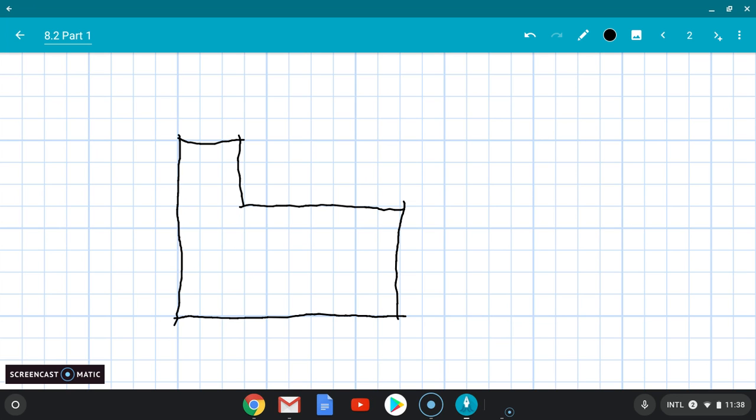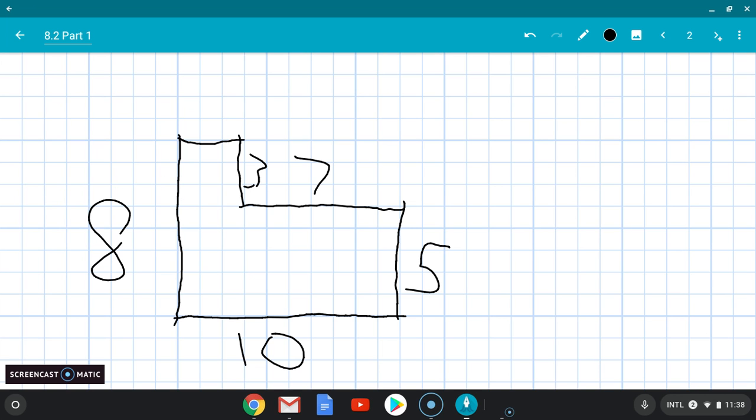And they tell you that, let's say this side is 10. They tell you that this side right here is 3, and this side is 7, and this side is 5. Well, knowing that this side is 5 and this side is 3, I should be able to figure out that this side is going to be 8.